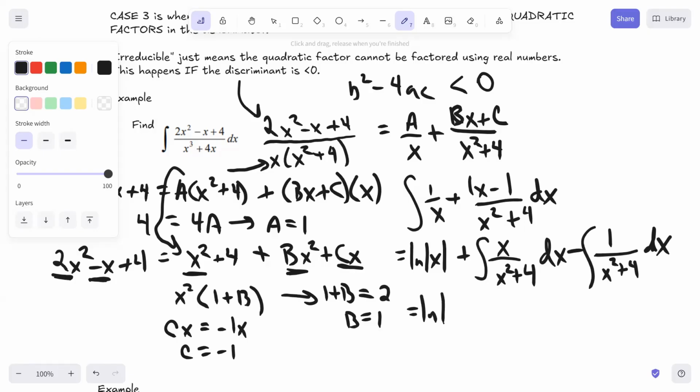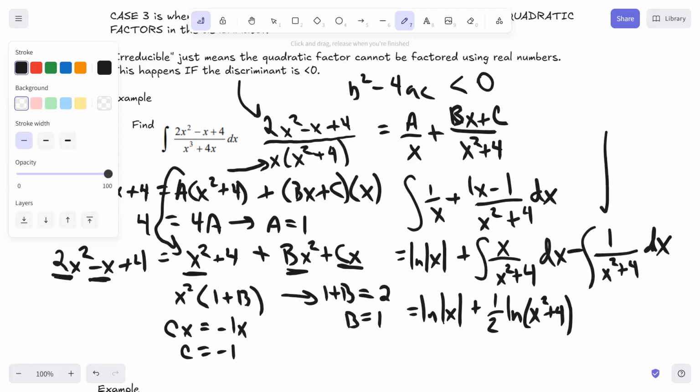Now we have natural log absolute value of x. The next one is going to be 1/2 natural log of (x squared plus 4). You don't need the absolute values because x squared plus 4 is never 0 or negative. And you would have to have a 1/2 there because the u being x squared plus 4, the u prime would be 2x. Since there's not a 2 there, you need 1/2 to cancel it.